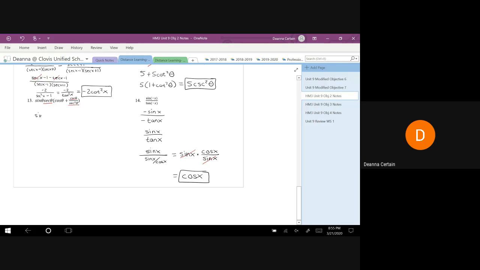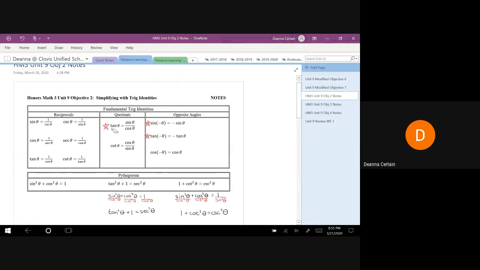So the secant theta up top here, I'm going to rewrite as 1 over cosine theta. The cosecant theta, I'm going to be rewriting as 1 over sine theta. And then the secant theta that's in the denominator is technically 1 over secant, which I'm going to be rewriting as just cosine.